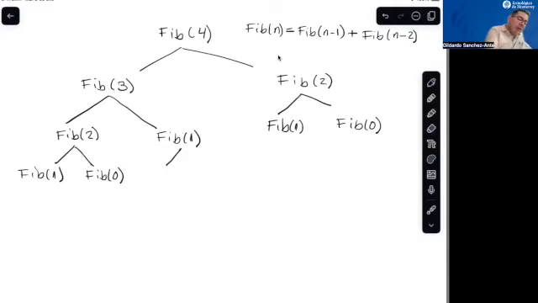Here, oh, this is one of the initial conditions. So let me use a different color.